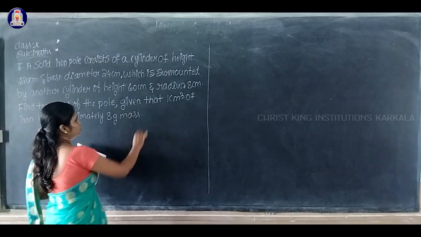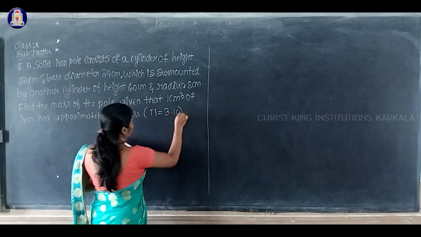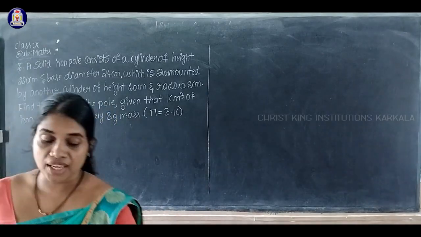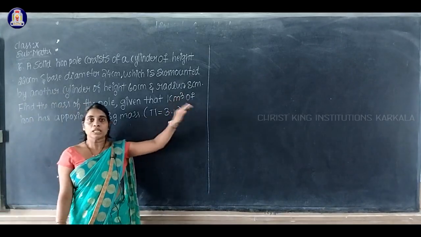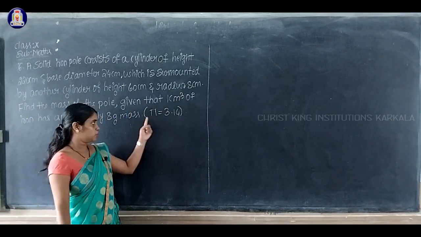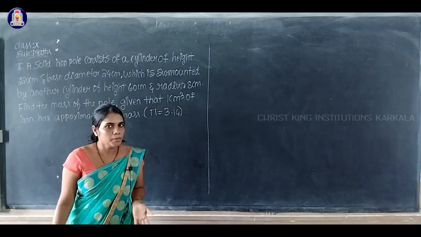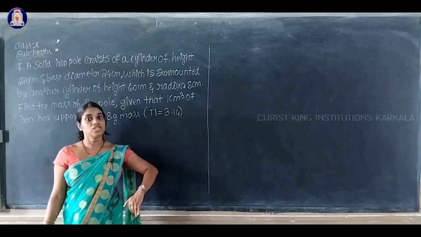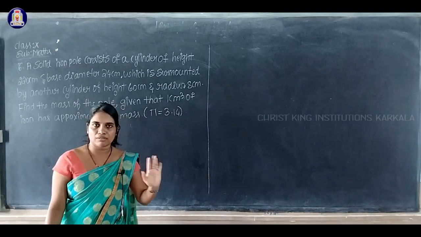So given here you have to use pi value 3.14. Okay, so given here actually the pi value is 22/7. If they mention specifically use pi is equal to 3.14, then in your question substitute the value of pi as 3.14 only. If they did not mention, then you can use 22/7. Okay, if they mention specifically pi is equal to 3.14, then use that value only.